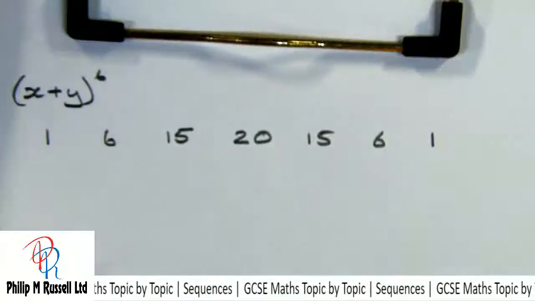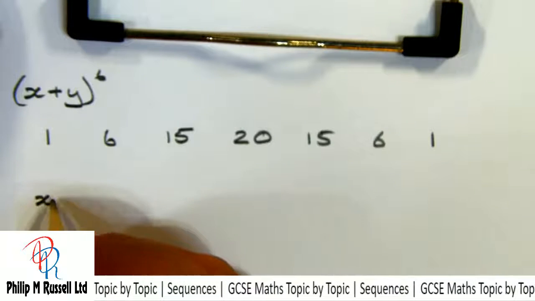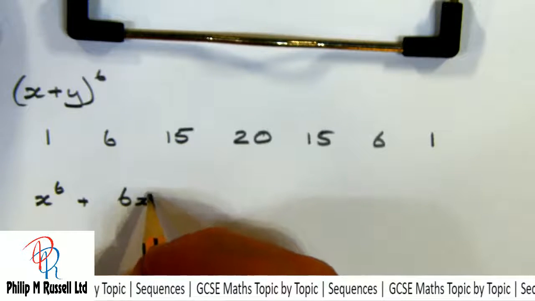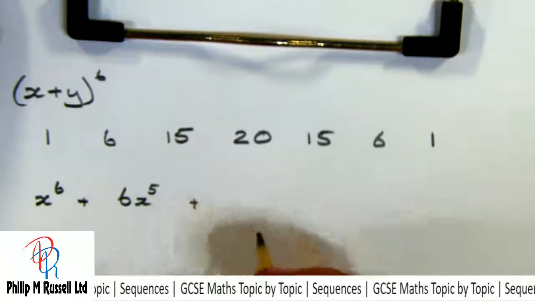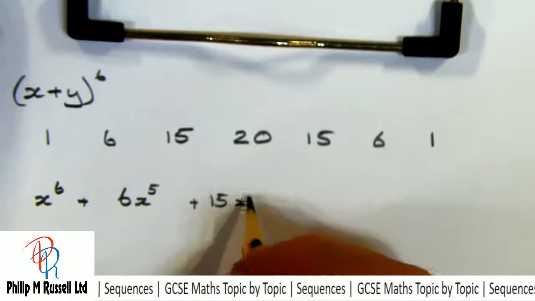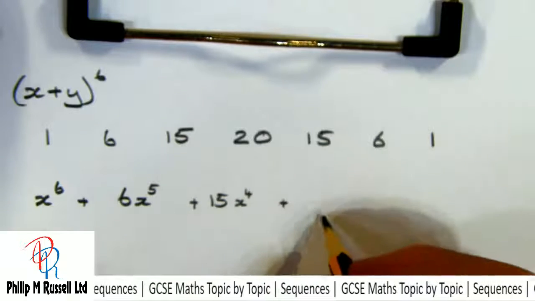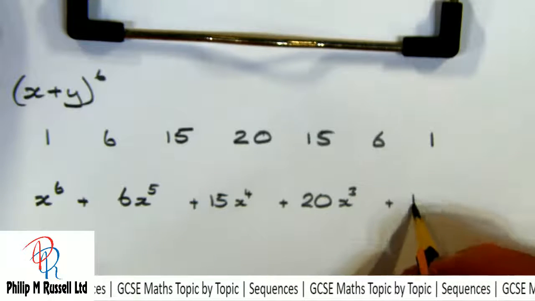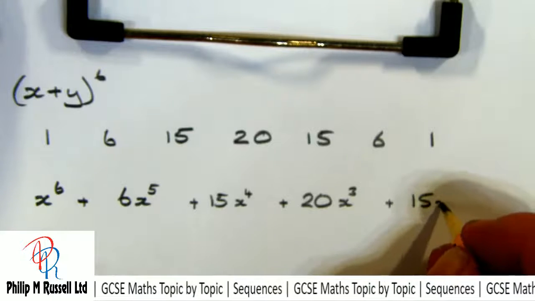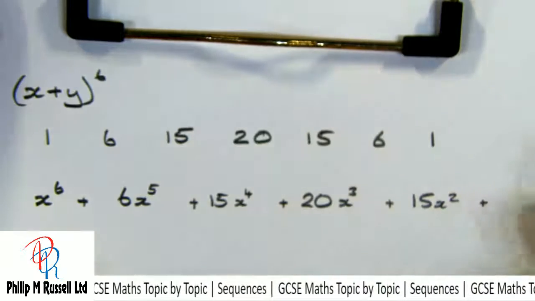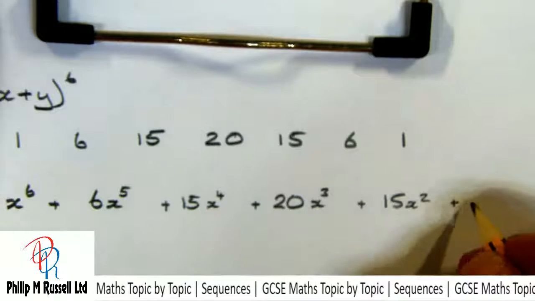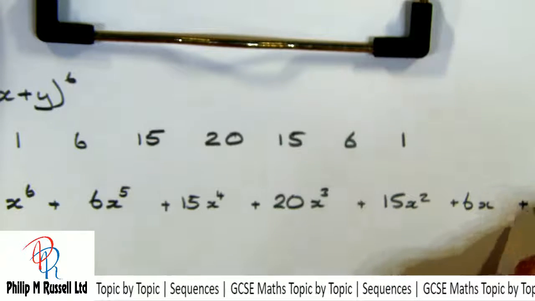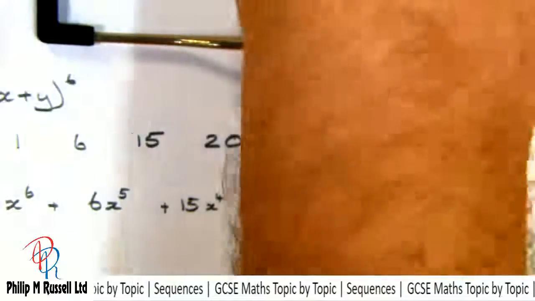So I could go for here x to the 6 plus 6x to the 5 plus 15x to the 4 plus 20x to the 3 plus 15x squared plus 6x plus, don't know. The y, what was that doing?